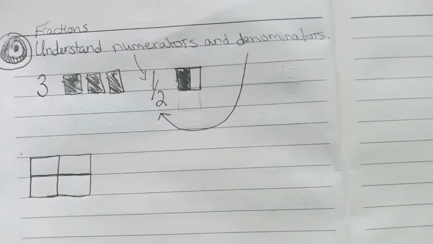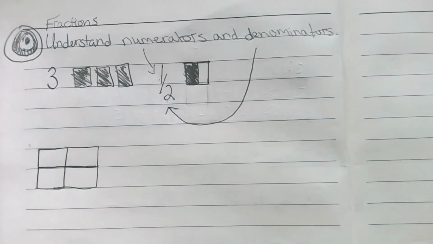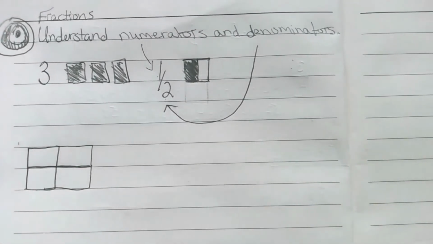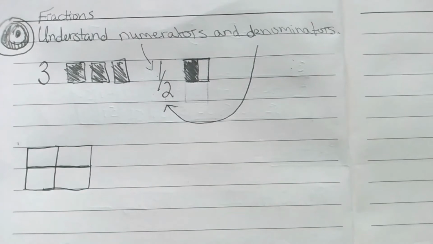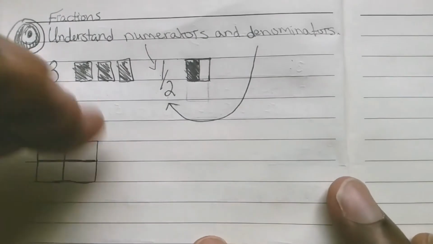Okay. So here I have a shape. This will be a rectangle. And I know it's not perfect because I don't have my ruler, but how many equal parts do you see there? How many equal parts is that shape cut into? Okay, if you said 4, then you are correct.